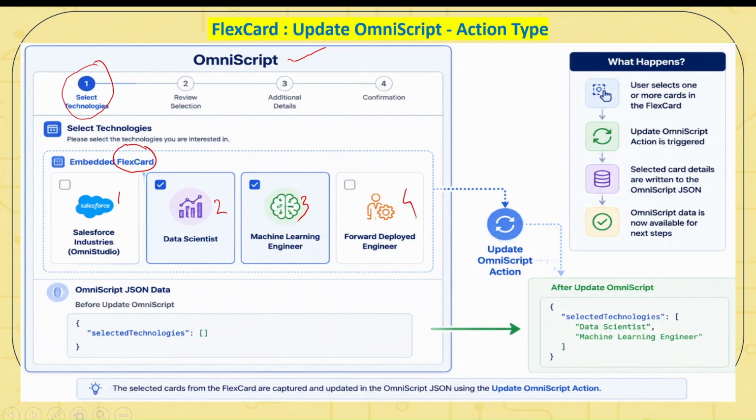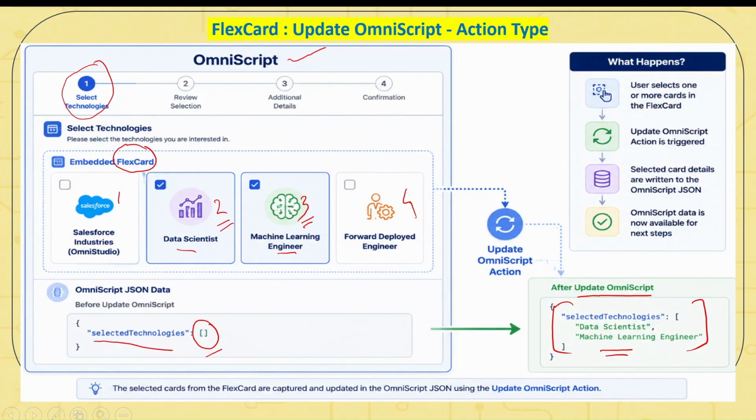If the user selects more than one card, initially the selected technology array will be empty. Once the user selects more than one card, for example data scientist and ML engineer, the update OmniScript action type will update the OmniScript JSON like this. Initially it was empty. After selecting card number 2 and card number 3, it is updated like this.